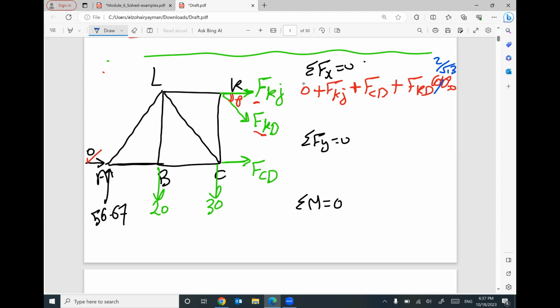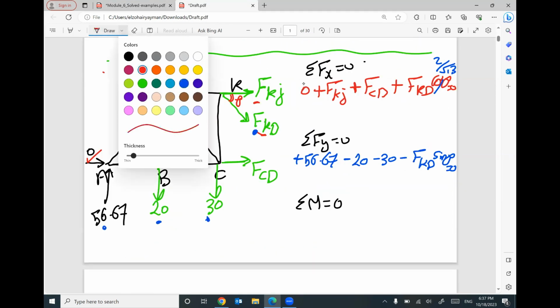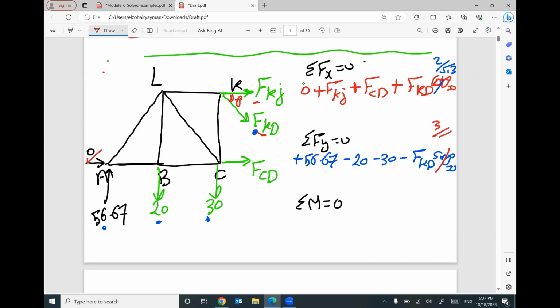Summation F of Y: we have positive 56.67, we have negative 20, we have negative 30, and we have negative FKD sine theta equals 0. For the y direction, we have this one, this one, this one, and the y component of this one. Keep in your mind, sine theta equals 3 divided by square root of 13.